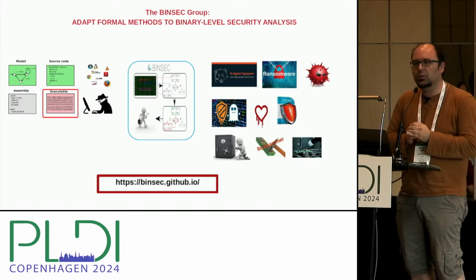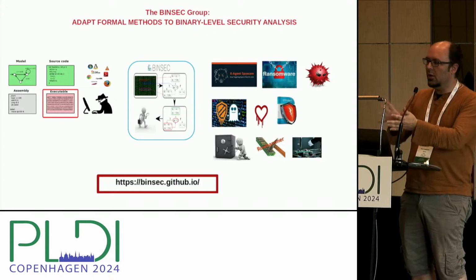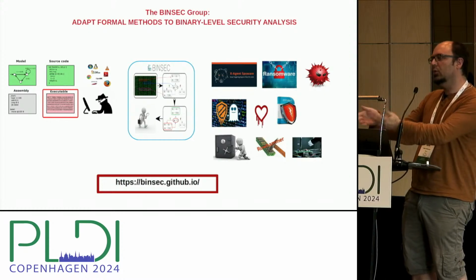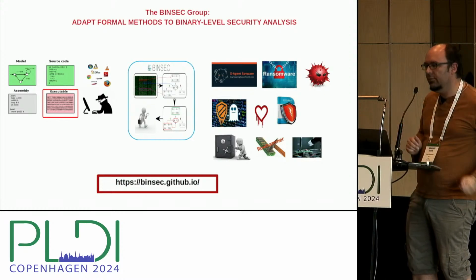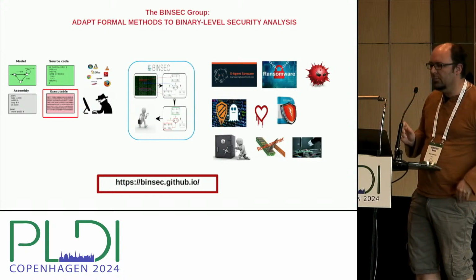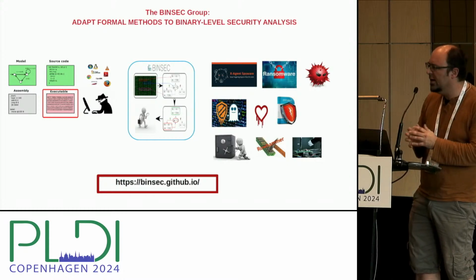So basically what we try to do is to take all the nice techniques that have been designed for source level verification and try to see what happens when you want to use that at binary level. So we have looked at a large number of problems like reverse engineering of protected code like malware and so on.